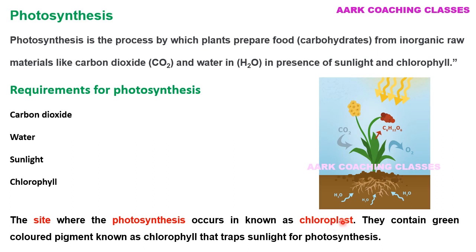They contain a green colored pigment known as chlorophyll that traps sunlight for photosynthesis. So light energy is converted to chemical energy, right? I also recommend you to see our concept video on the comparison between plant cells and animal cells.